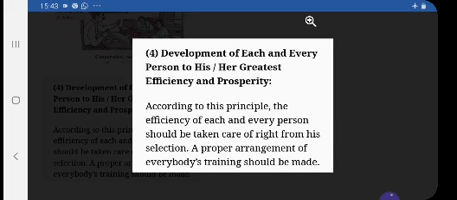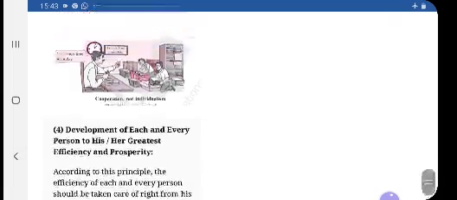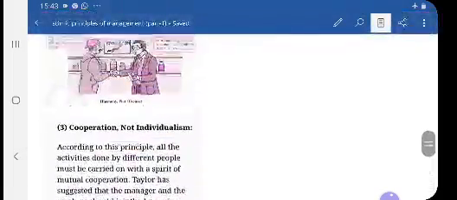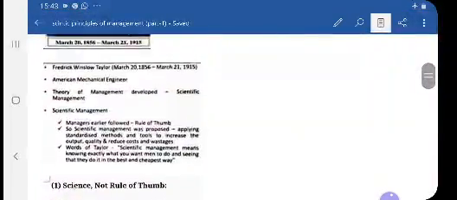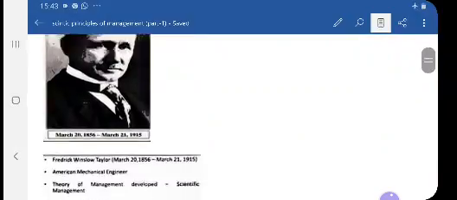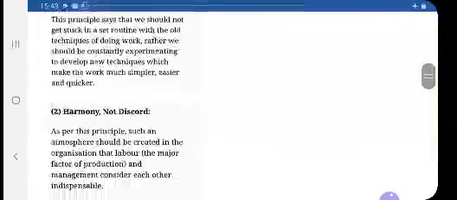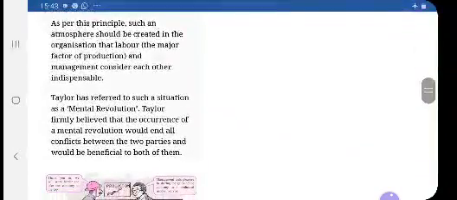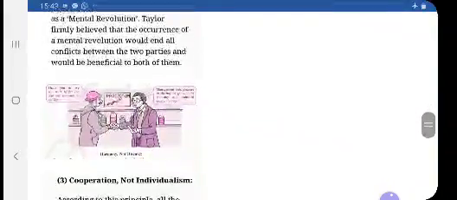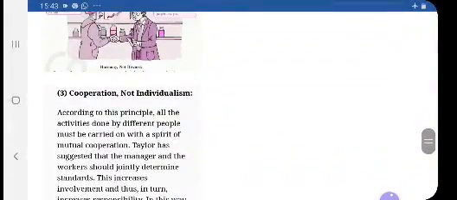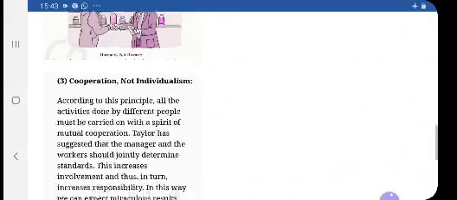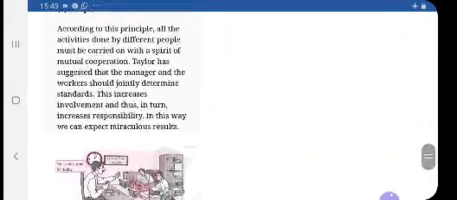So this is what we have discussed, all four principles given by F.W. Taylor, and in the next video we will discuss the various scientific techniques that, if followed in any organization, lead to reduced cost of production and increased efficiency of the workers.